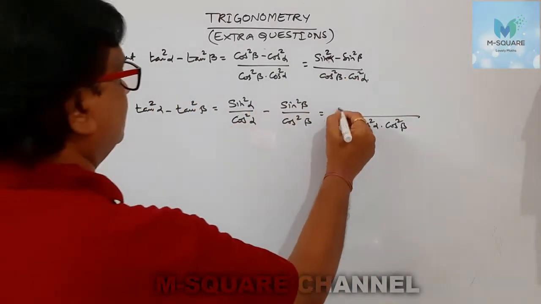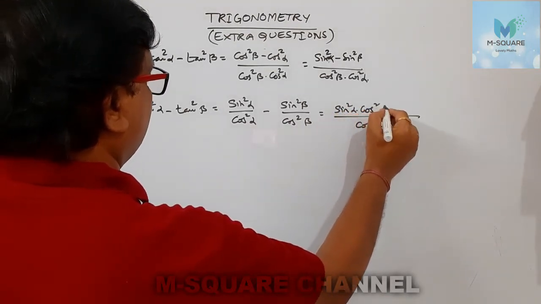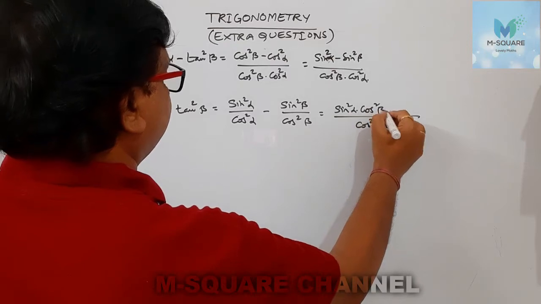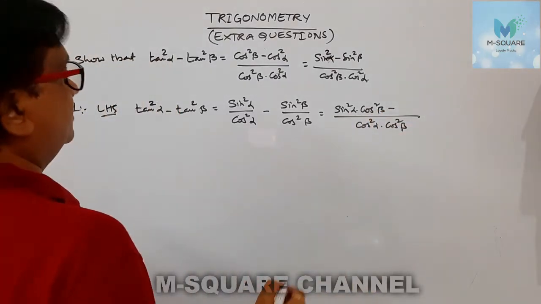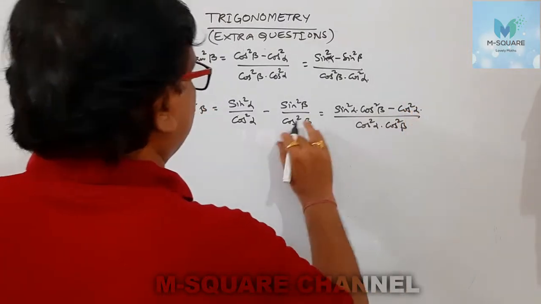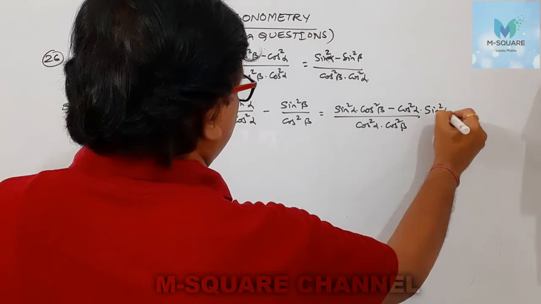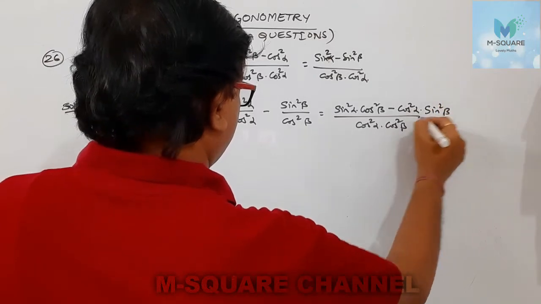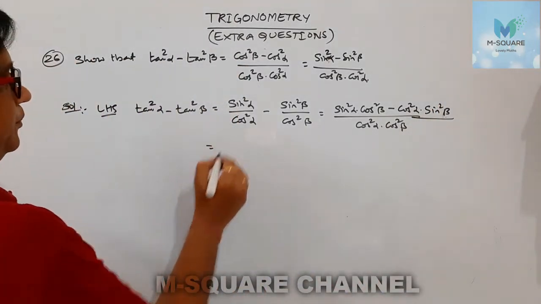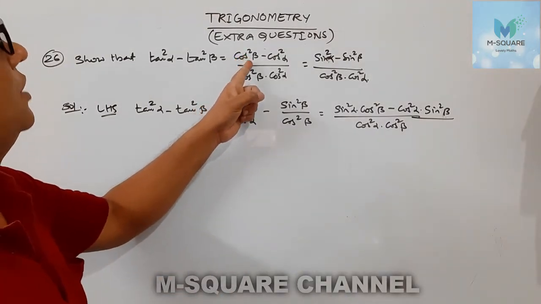After that, sin square alpha into cos square beta minus cos square alpha into sin square beta. So the first question answer is cos square.